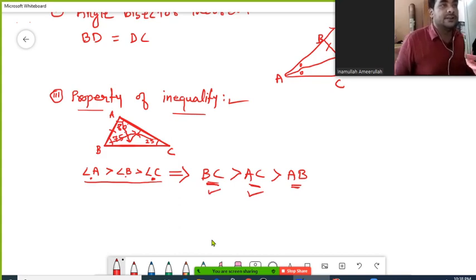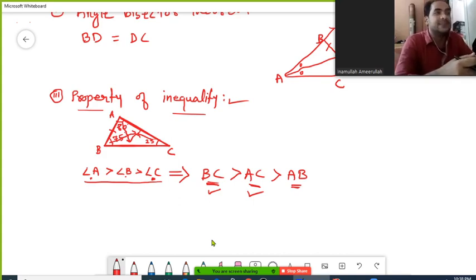So this is all about property of inequalities, and this property can be used vice versa. Vice versa means if you know about the sides, you can develop a relationship between angles, which one is smaller and which one is greater. And if you know the angles, you can compare the sides of the triangle, which side is greater and which side is smaller.